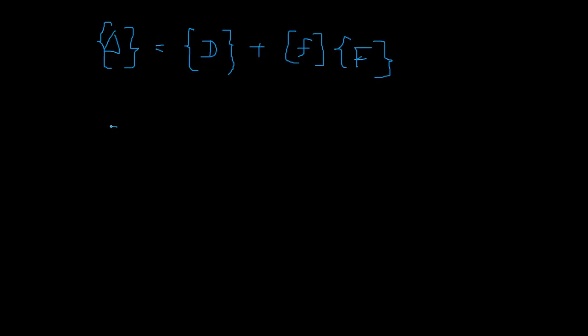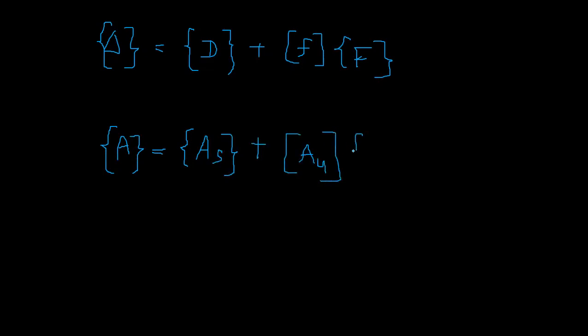So then actions in the original structure is actions in the primary structure plus unit actions into F. This is capital F, right?